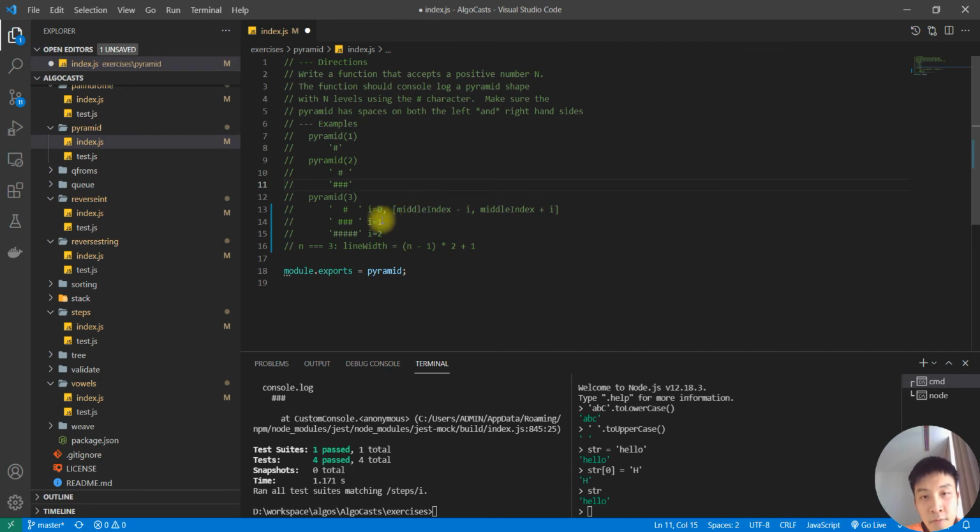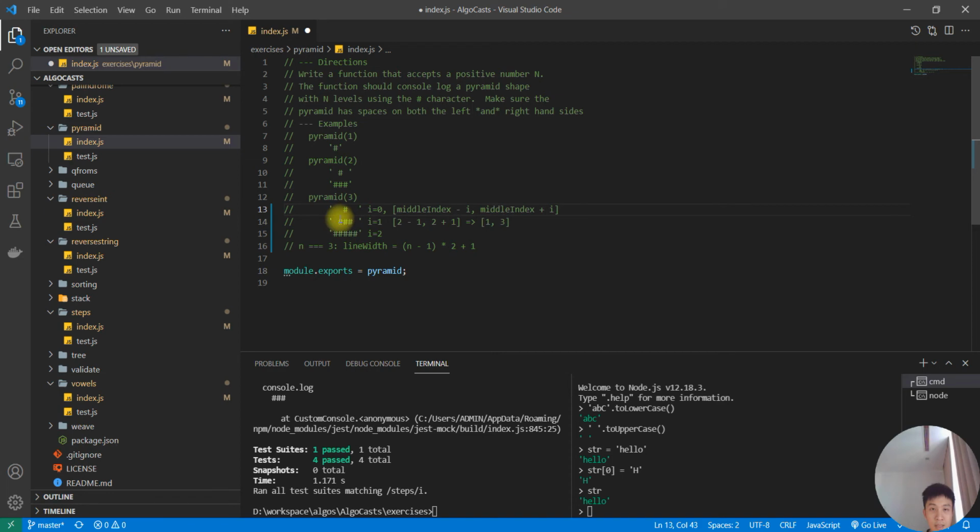So if i equal to 1, middle index is 2, 2 minus 1 and 2 plus 1 becomes 1 and 3.